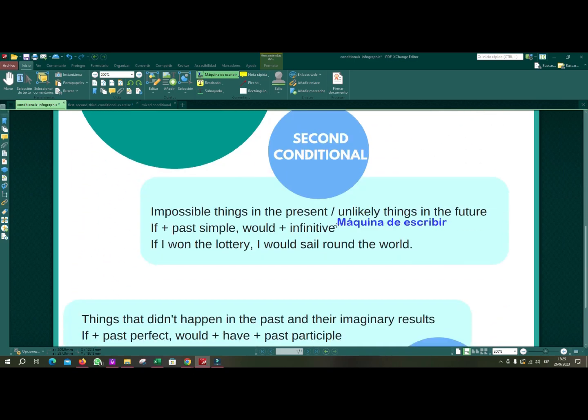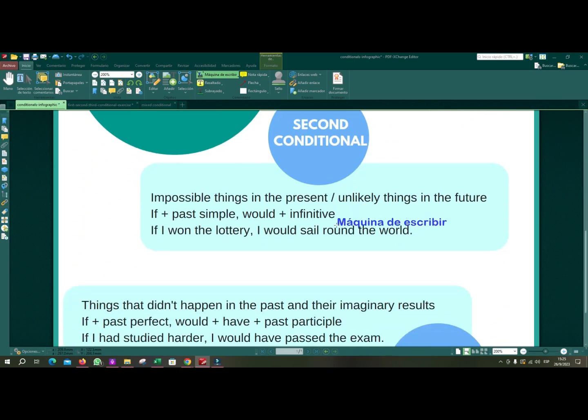also we have the second conditional. Impossible things in the present, unlikely things in the future. So we're going to have the if word plus the simple past, comma, then you're going to have in the main clause would plus the infinitive.